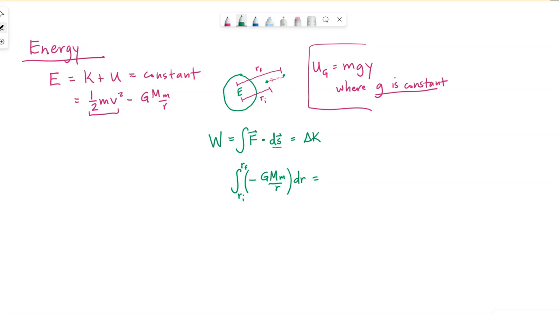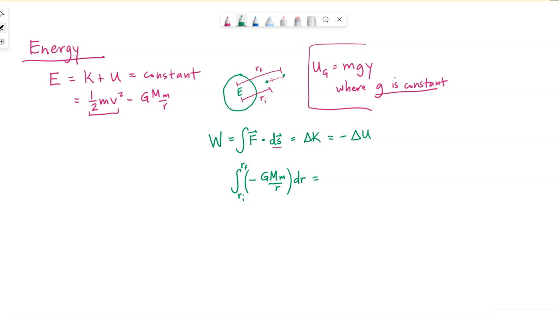Now, in terms of conservation of energy, we could say that the net work done was always equal to the change in kinetic energy. But when we talk about gravity, if we just have a straight back and forth conservation of energy between kinetic and potential, delta K is also equal to negative delta U. Meaning if potential energy increases, kinetic energy decreases.